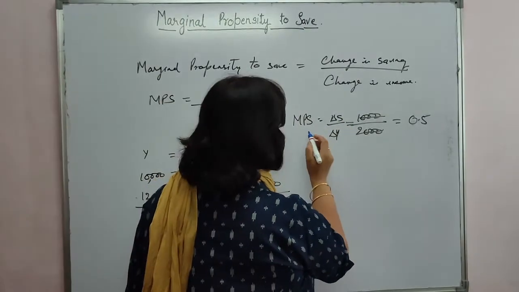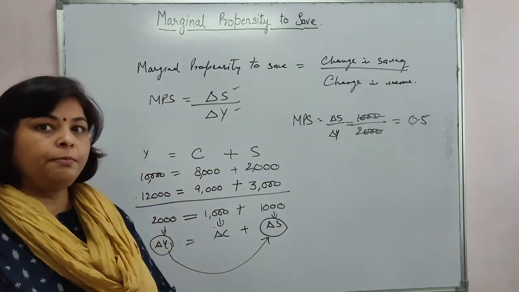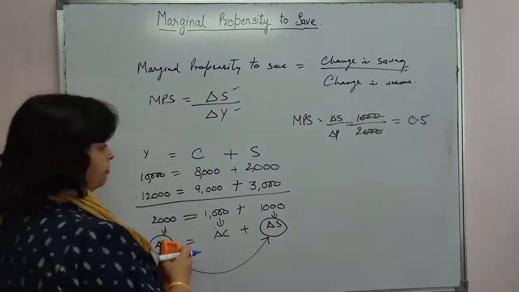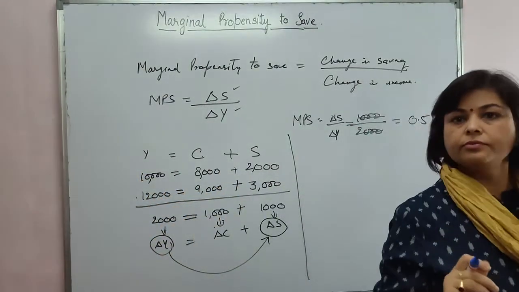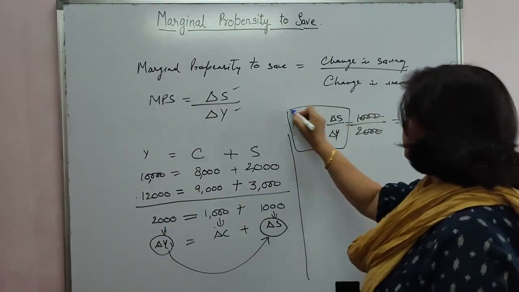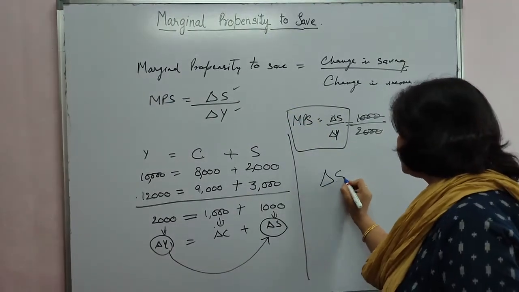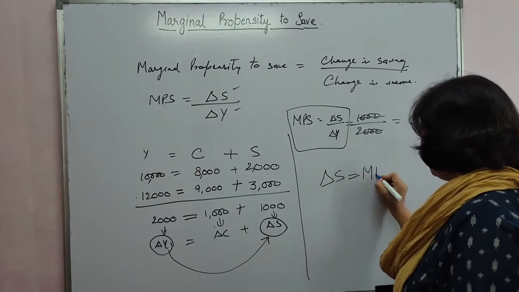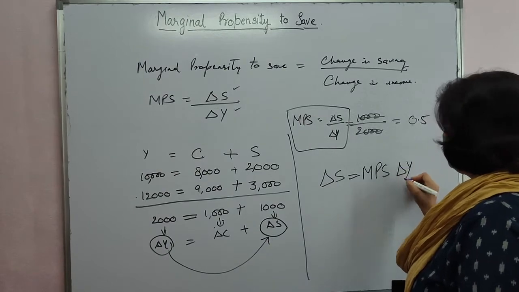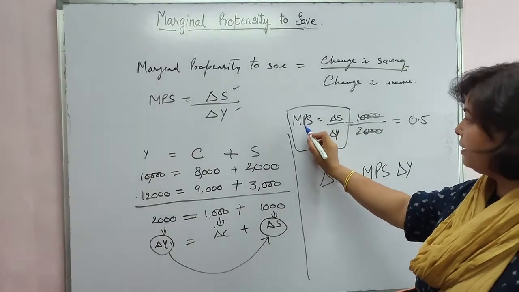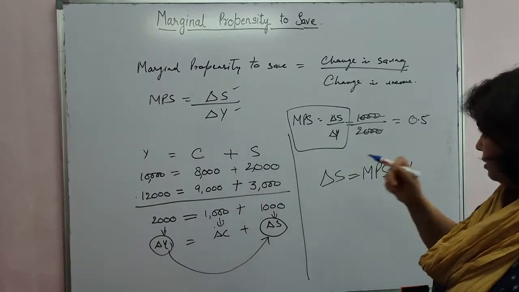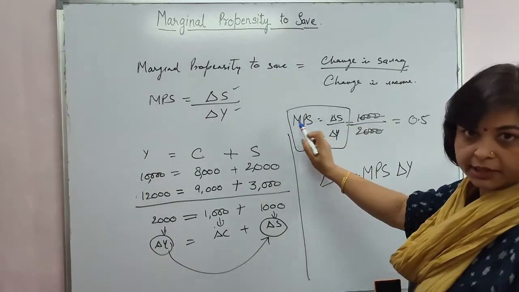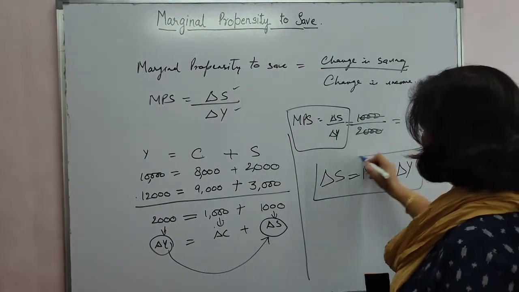Now, if we have the value of MPS, then we can calculate the value of change in saving also. From this formula we can derive the formula for delta S. If we have to calculate the value of delta S, then it will be MPS into delta Y. We just cross multiply MPS and delta Y, and we derive this formula.